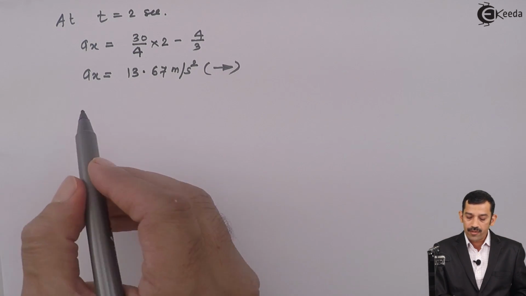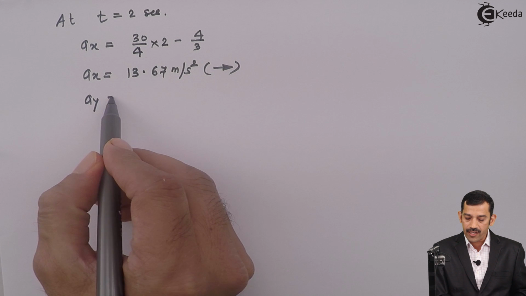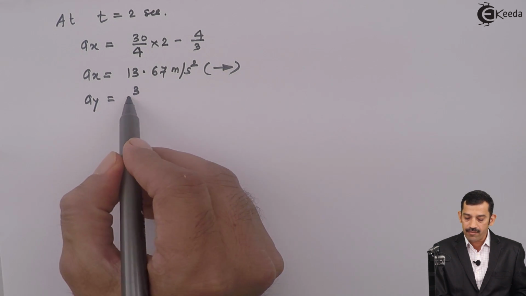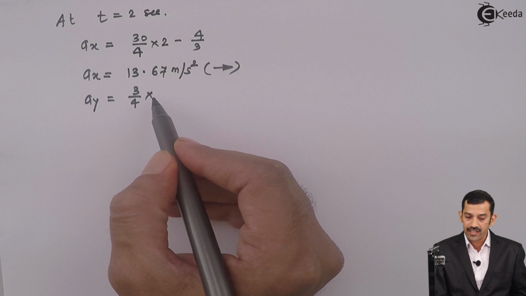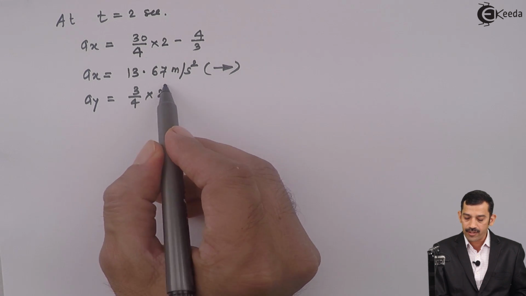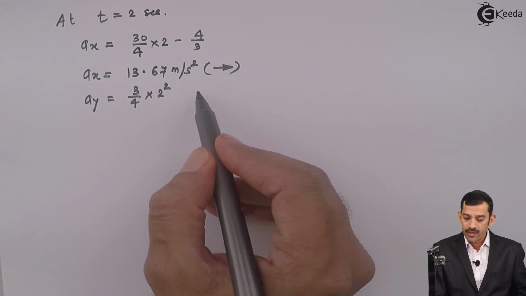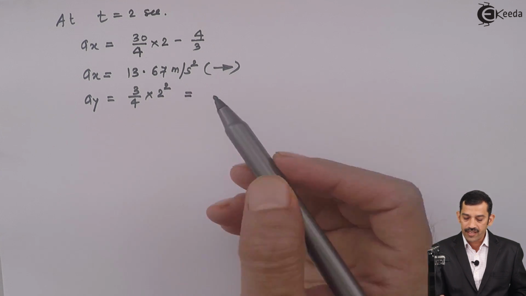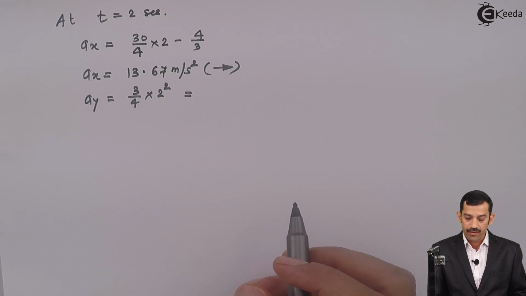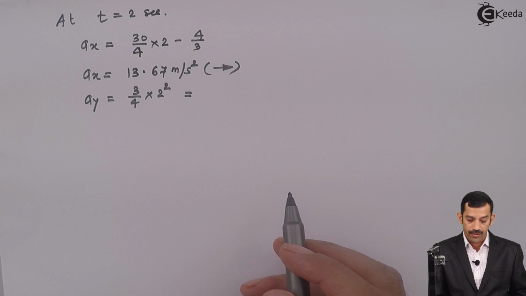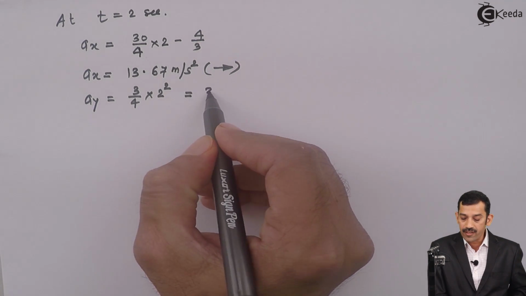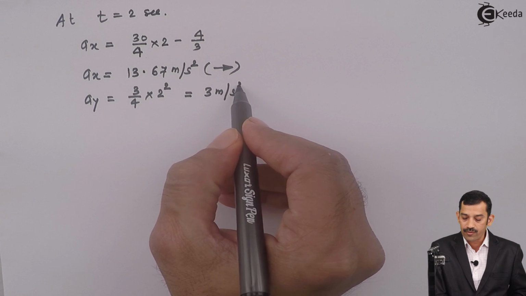Similarly, Ay, if we find out, the equation of Ay is 3 by 4 into t square. T is 2. If I substitute 2 seconds, and using a calculator, Ay comes out to be 3 meters per second square.